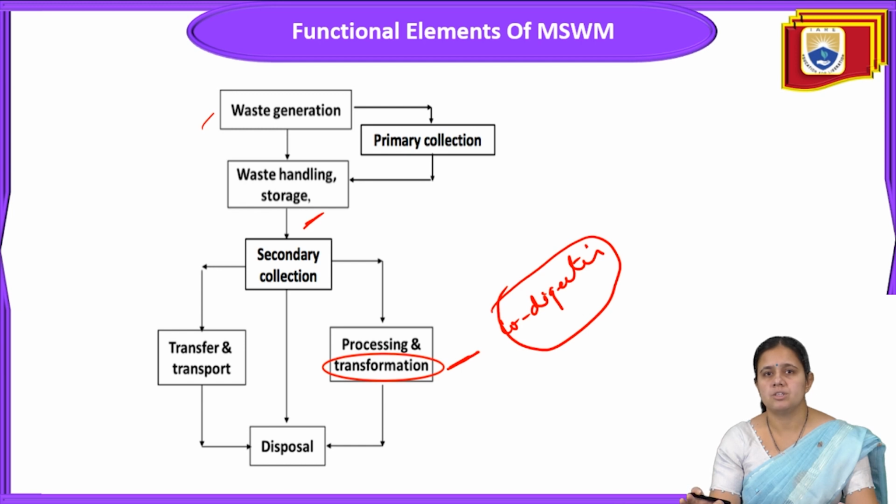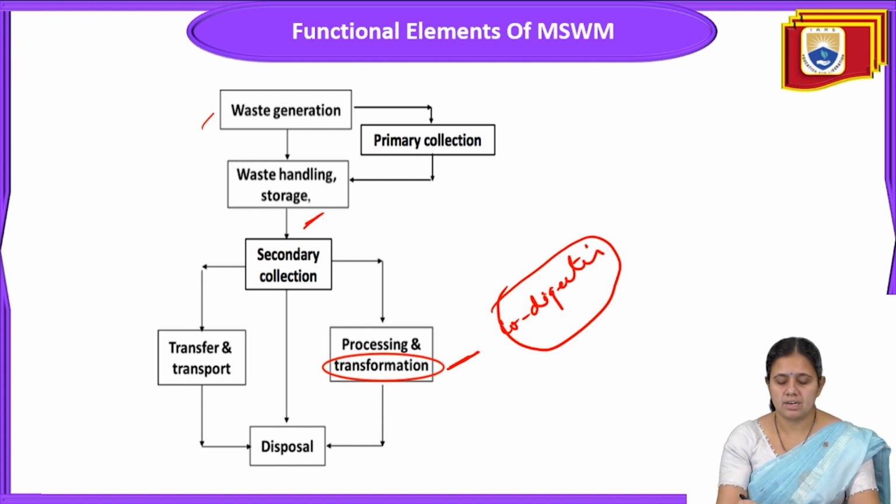We have discussed the anaerobic digestion process, which leads to the decomposition of the organic matter present in the solid waste by microbial activity in the absence of oxygen. Then finally it leads to the disposal of this solid waste.